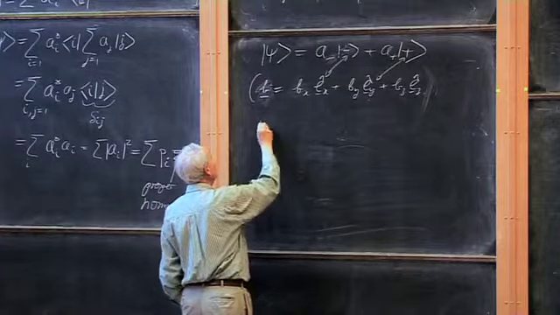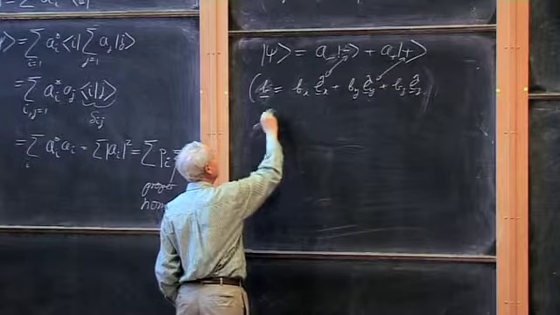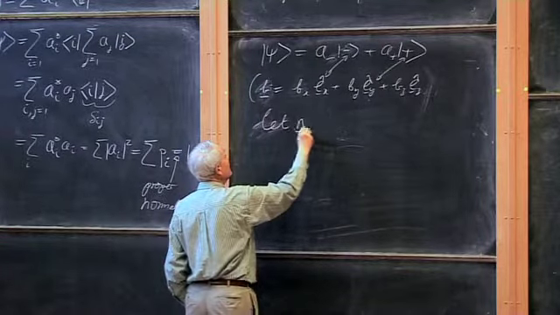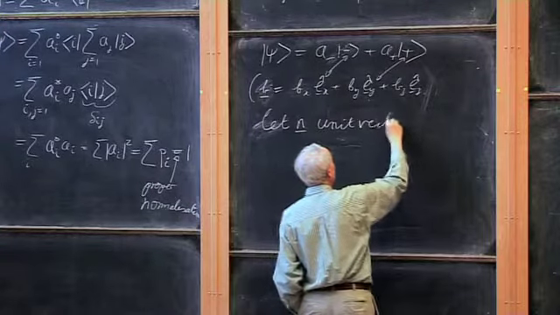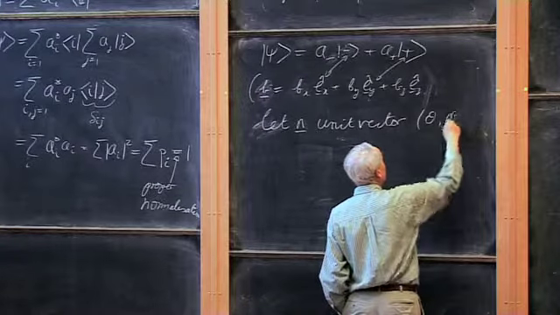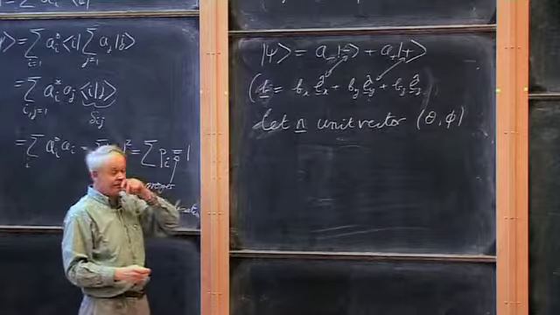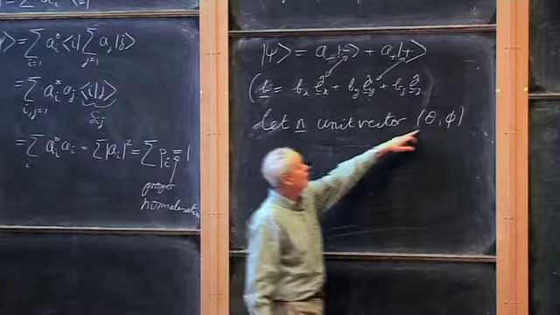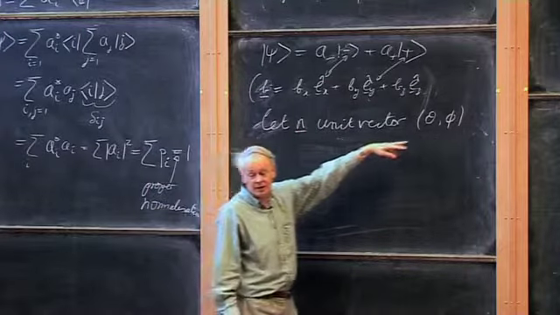So if we have a unit vector n, so let n be a unit vector, and it's in the direction theta and phi. These are regular polar coordinates which are defining a direction by pointing to a place on the unit sphere, and let n be the unit vector that points in that direction.